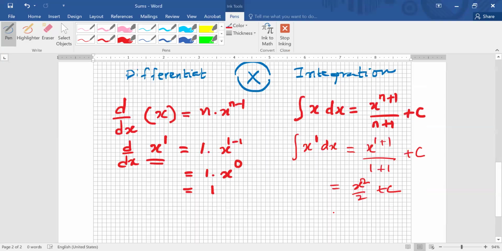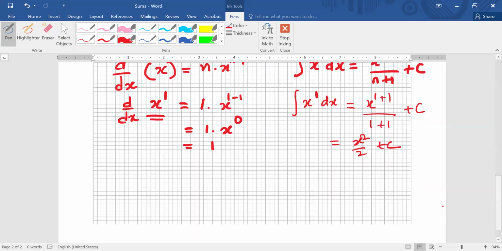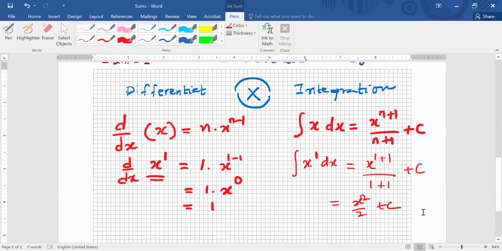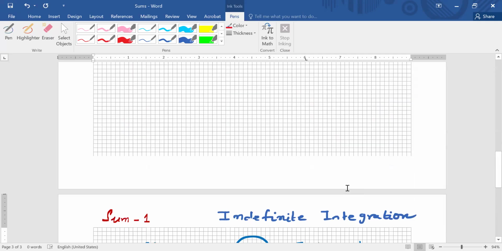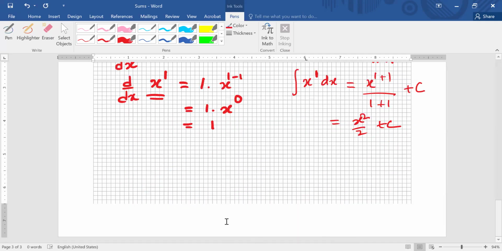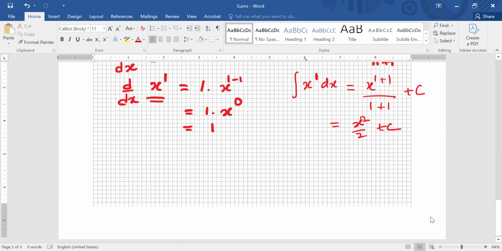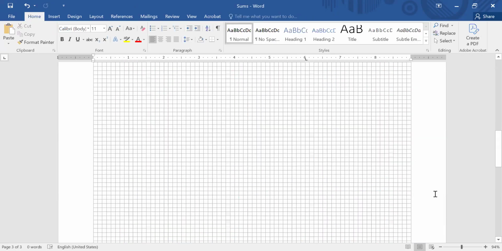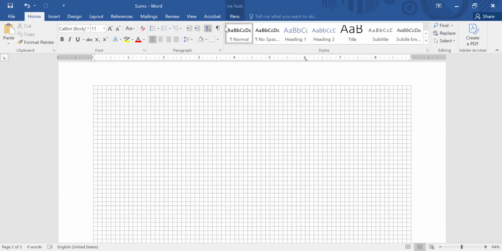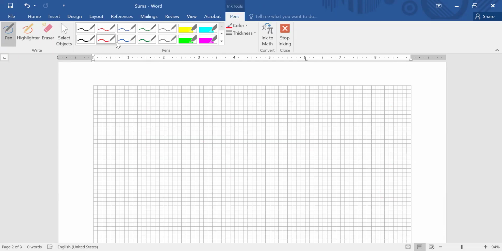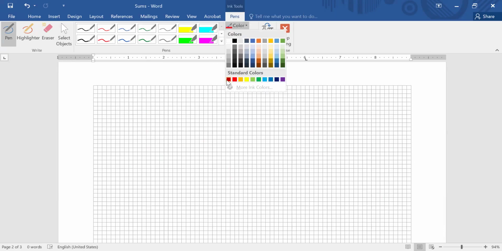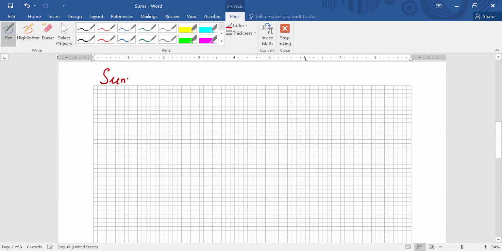So now moving on to the second problem, or problem number 2. Let us come to sum 2, and that too in integration itself.